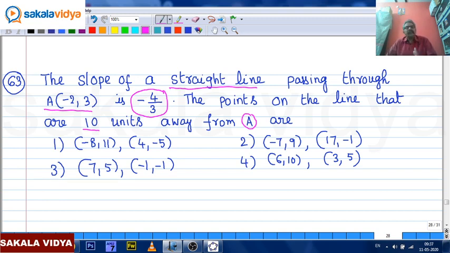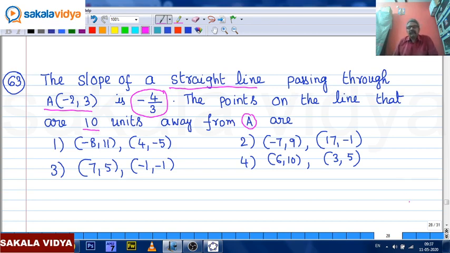X is equal to x1 plus or minus r cos theta, y is equal to y1 plus or minus r sin theta. But here we need to find sin theta and cos theta with the help of the slope. Slope means tan theta value is given. With the help of tan theta, we first find sin theta and cos theta. A coordinates means x1 comma y1. 10 units means r is equal to 10.